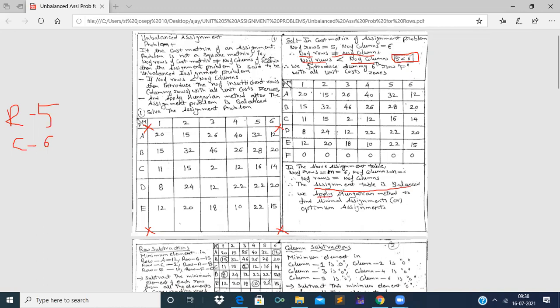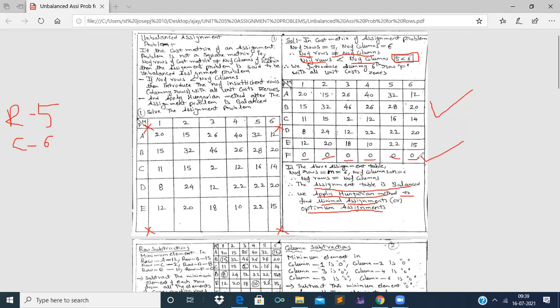Now we apply the Hungarian method to find minimal assignments or optimum assignments. So till now we have introduced a dummy row, that is row F, in which all the unit costs are zeros.